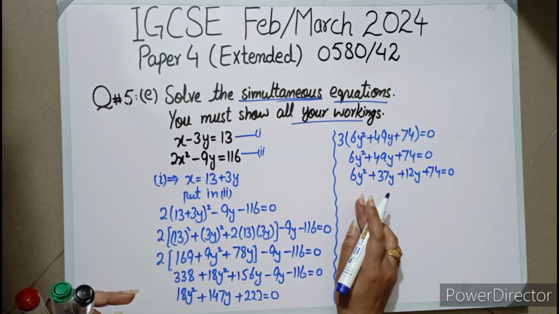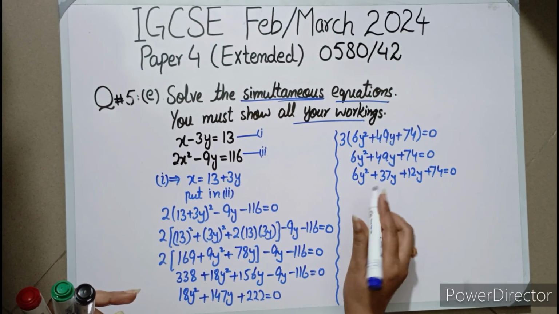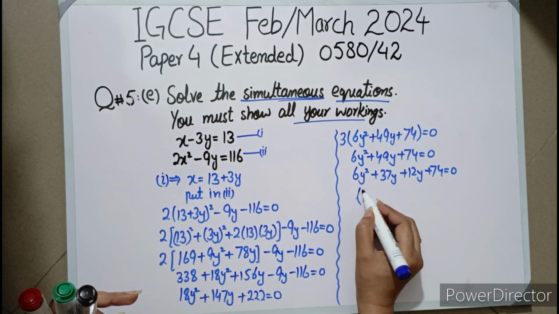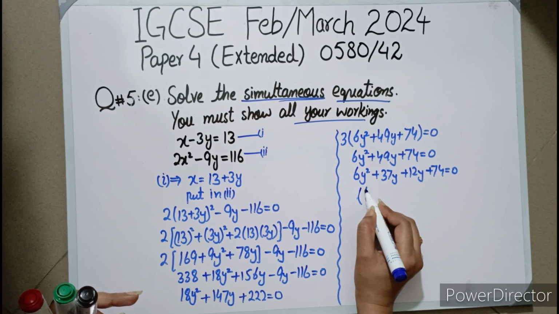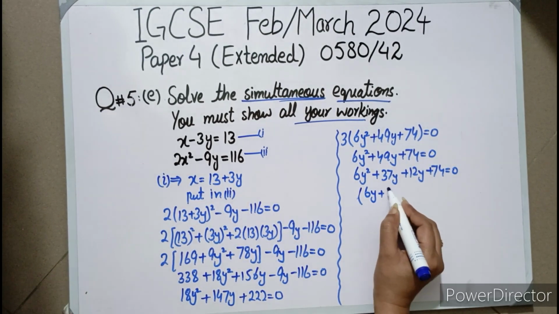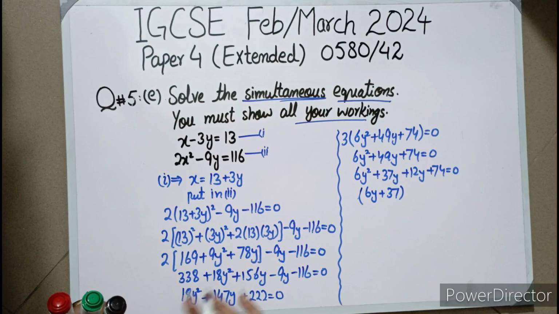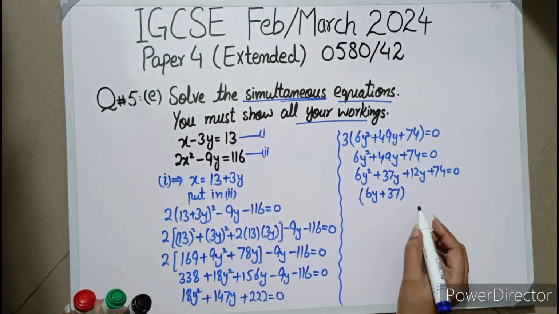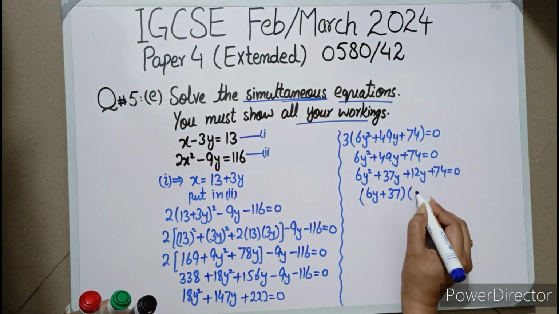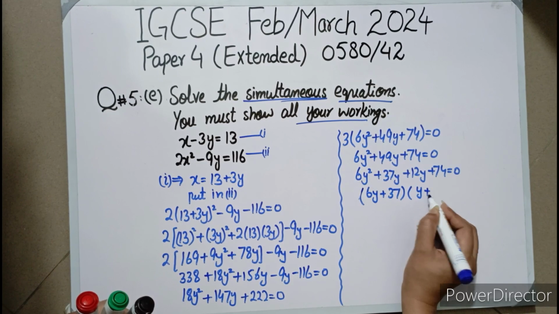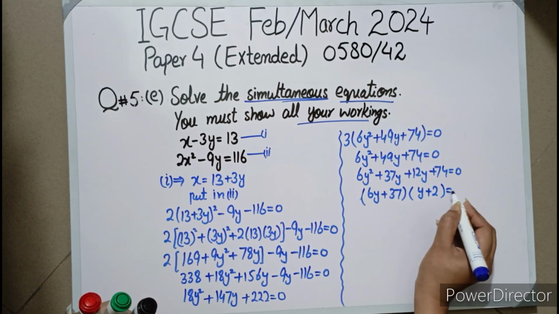After taking common, y can be taken as common, so you will be left with this expression: 6y plus 37 and y plus 2 equals 0.